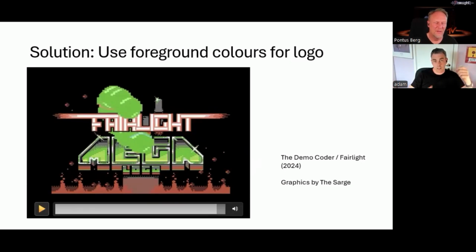So the change here is that this is a bitmap picture. It's not a character screen like we saw in the previous one. So we can have two foreground colors in each character. And if you look closely at the logo, it's actually a thicker version of the logo, where the white area is 4 pixels wide, and the outside is 2 pixels of the light red.